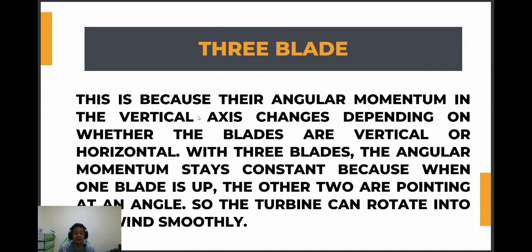With 3 blades, the angular momentum stays constant because when one blade is up, the other 2 are pointing at an angle. Sinabi dito, kapag yung isa nakaturo sa taas, yung dalawa naman nakaturo sa angle. Nang dahil doon, yung wind turbine natin can rotate into the wind smoothly. So, nakaka-rotate siya ng maayos and maginhawa.